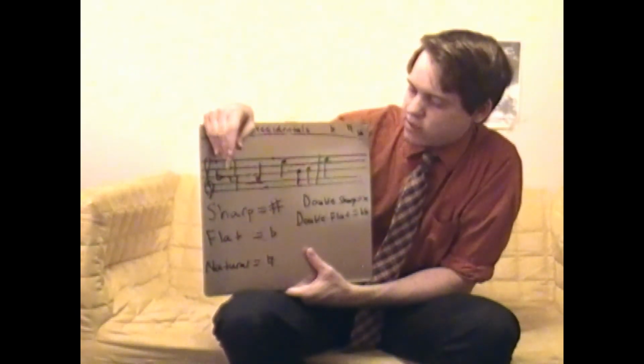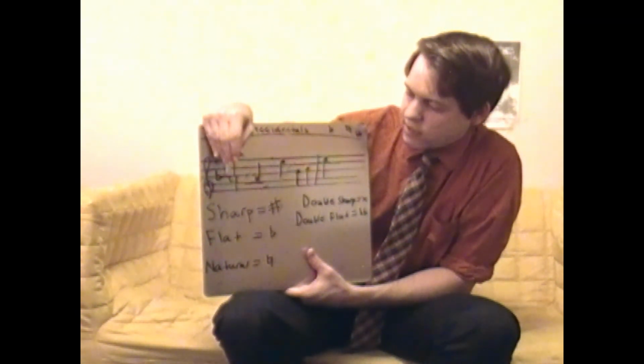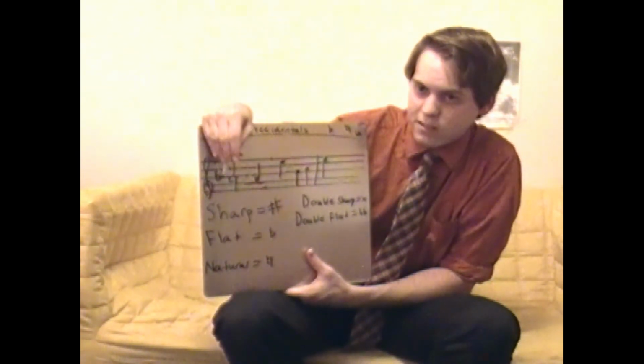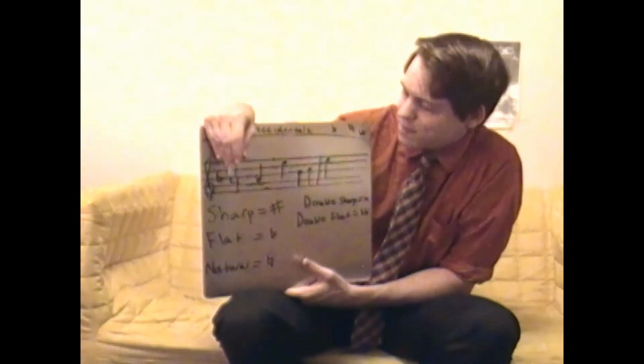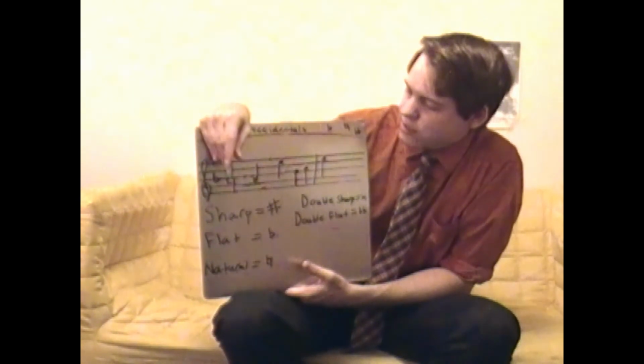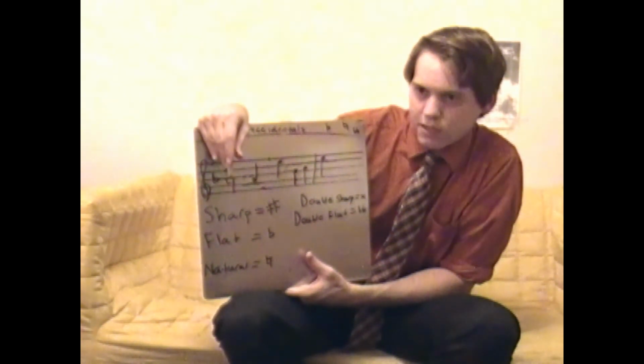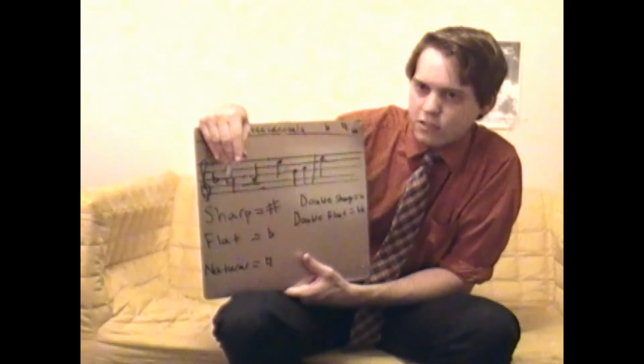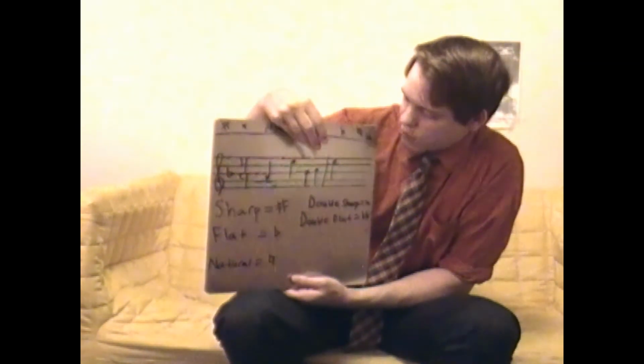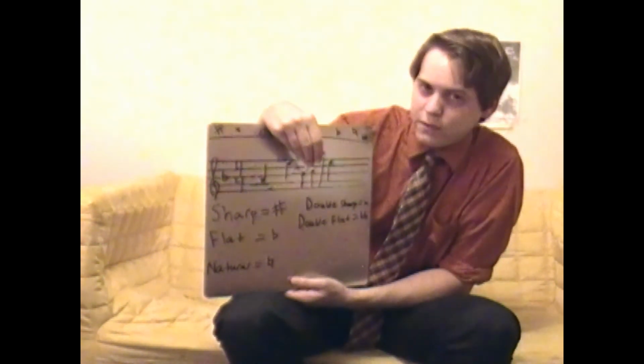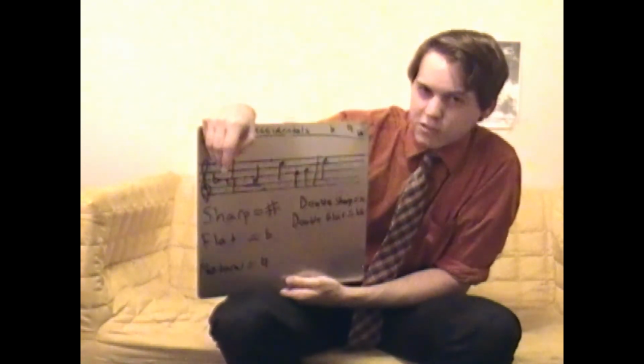What this flat means, which is on the note B, is that any B's that are within this key signature are now B flat. So this B right here is now B flat within this key signature.